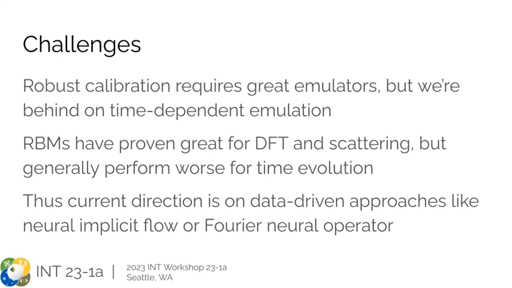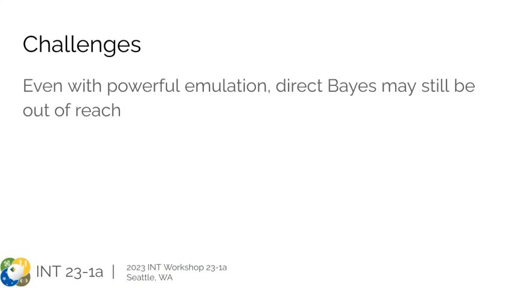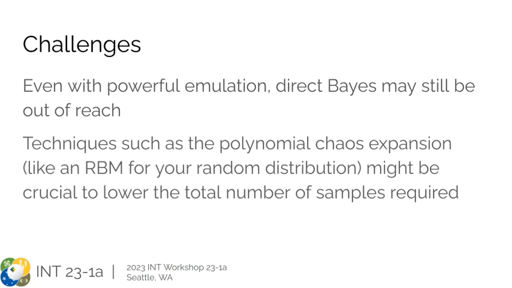So it's likely that we're going to have to use more data-driven approaches to get at the real-time dynamic simulations. And this includes a couple of techniques; you can look them up later if you pull my slides from the website. But even with robust, accurate emulation of these time-dependent problems, it's still possible that we're not going to be able to get to the sampling rate we need to do this direct Bayesian calibration.